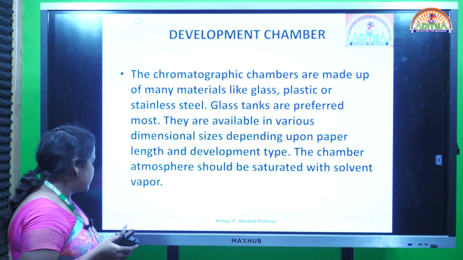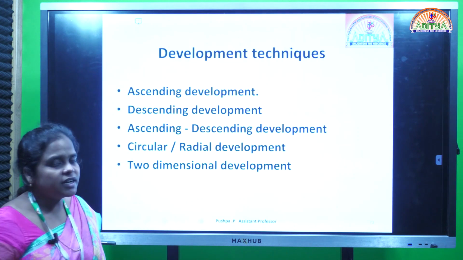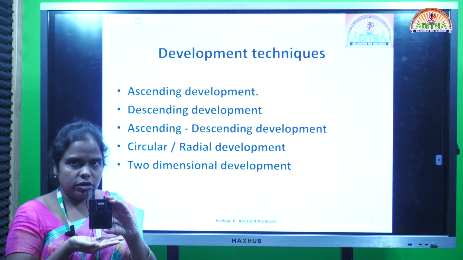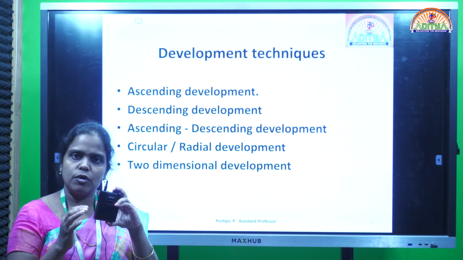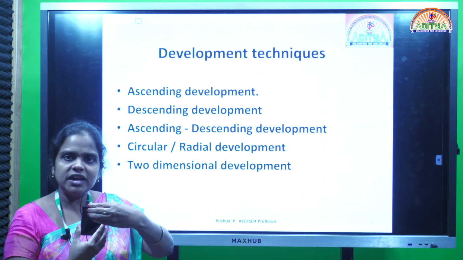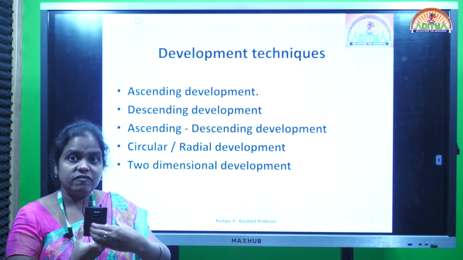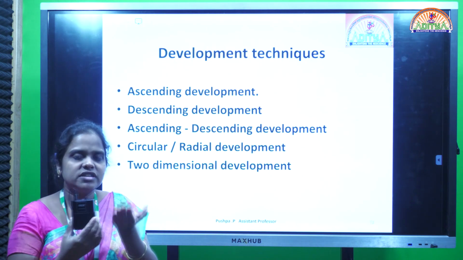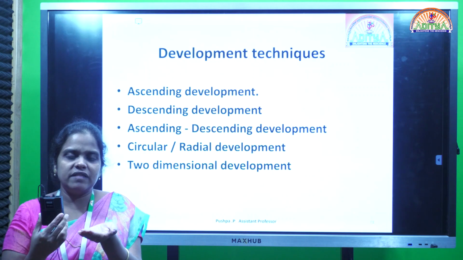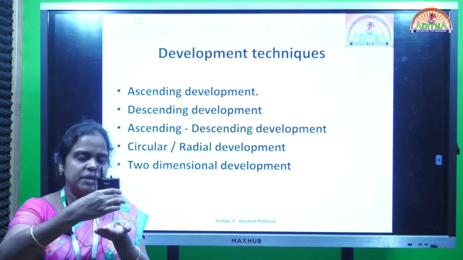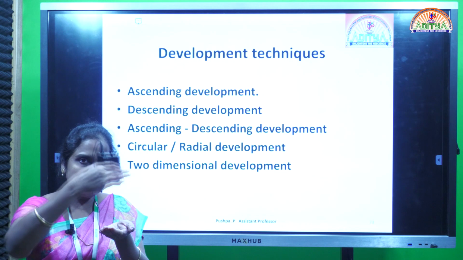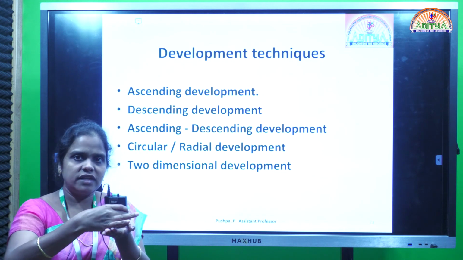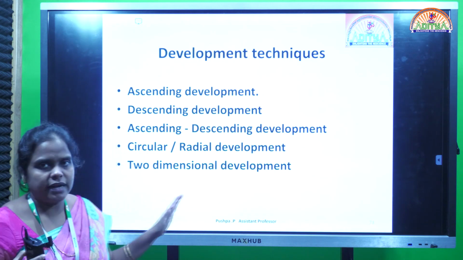Then, we take the development chamber, add the mobile phase, and keep our paper which is spotted with the sample solution. For example, this is the beaker with mobile phase. In that beaker or chamber, we keep our paper spotted with the sample, and keep it aside. Why?